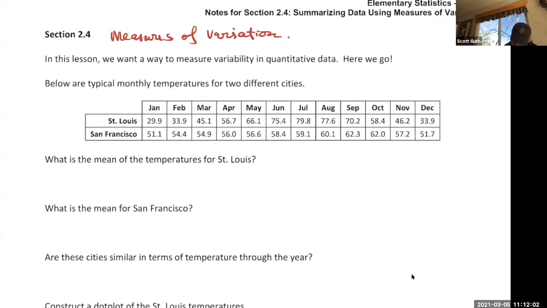So for St. Louis, we'll call the St. Louis values X and the San Francisco values Y. So I think I did St. Louis. X bar is the sum of X over N. For me, my sum was 673.2 divided by 12 months.